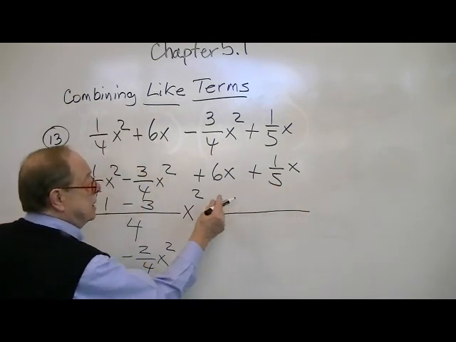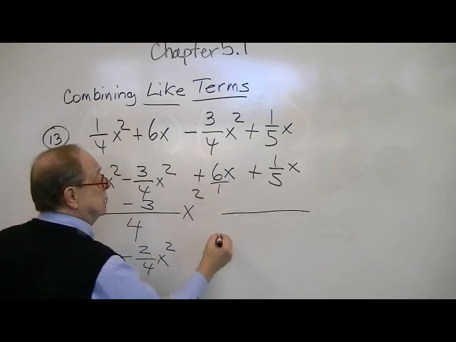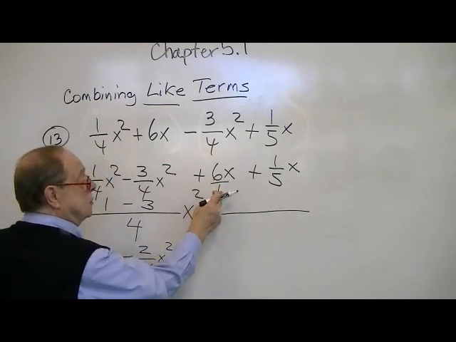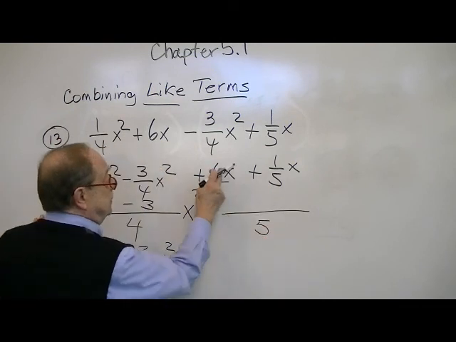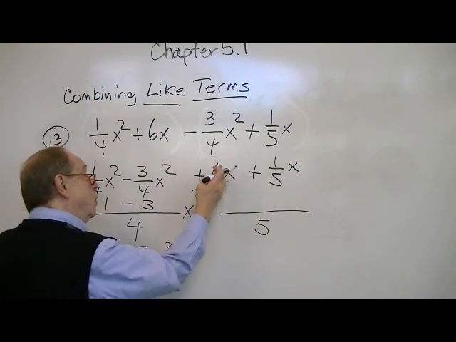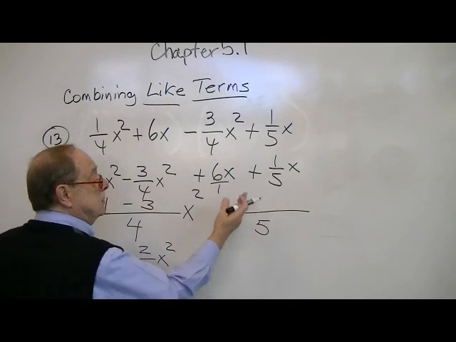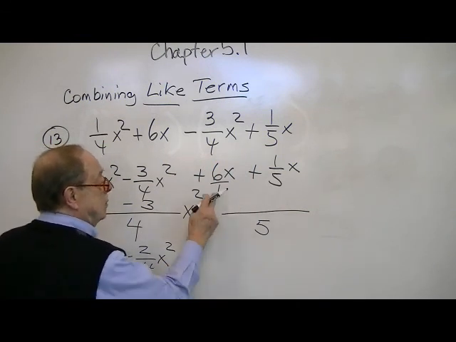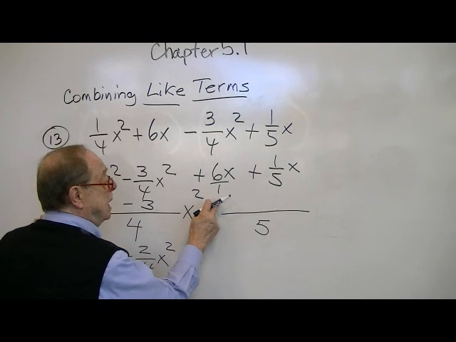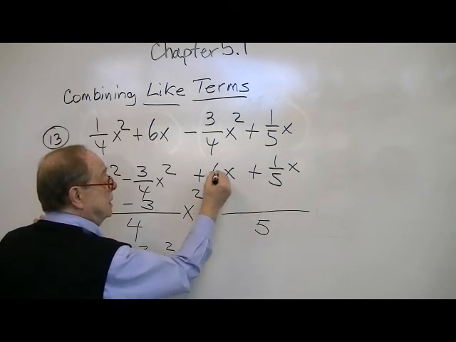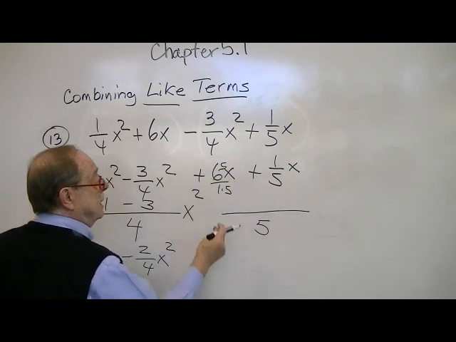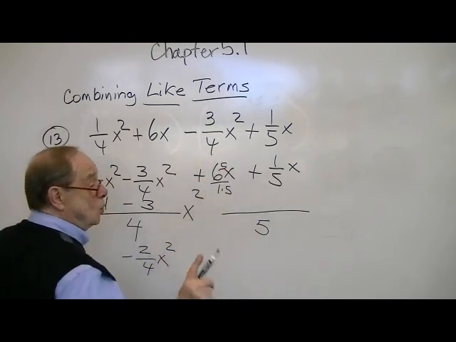Over here, my common denominator, keep in mind the 6 is over 1, is going to be 5. Well, how do I get this whole number, in a sense, into a fraction? Well, I want my denominator to be 5. So I'm going to multiply it by 5, and I can multiply this by 5. 5 over 5 is 1.